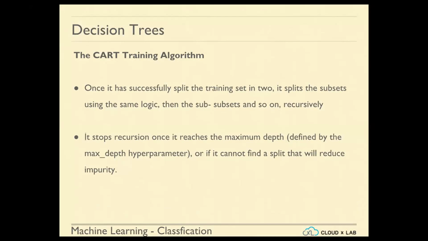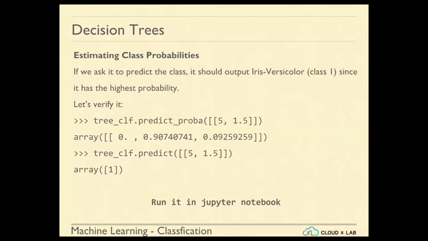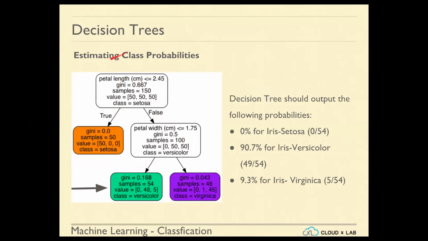It stops the recursion once it reaches the maximum depth defined by the max_depth parameter, or if it cannot find a split that will reduce the impurity. At that point, it will stop going down. So first it will guess this value by trying to change this value from 0 to some value.